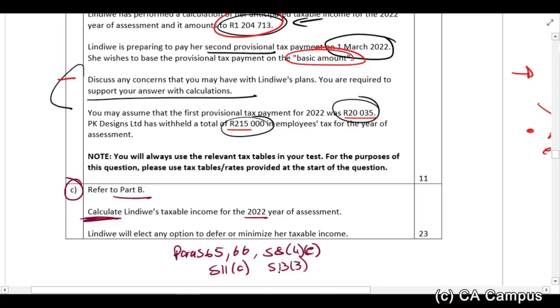All of those are things that she can elect legally to decrease her taxable income. And you need to assume that she will do it. She'll also, for example, if there's preferable exchange rates that you can use, like we've seen in this question, she'll also elect to use that.